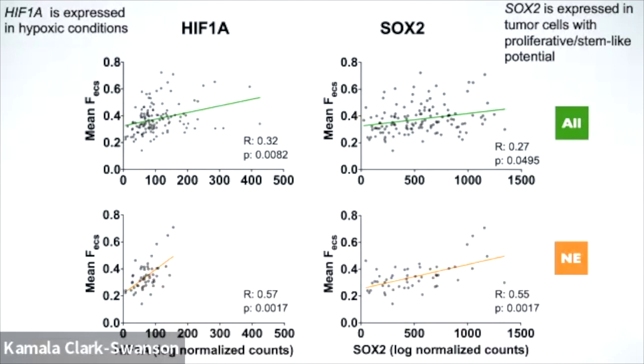So as the tumors are growing rapidly, they're taking up a lot of oxygen, they're requiring more and more oxygen. And so you might expect these blood vessels to be growing under these conditions and to be recruited more under these conditions. As well, we saw significant correlations with SOX2, which is also seen expressed with tumor cells that have a proliferative or stem-like potential.